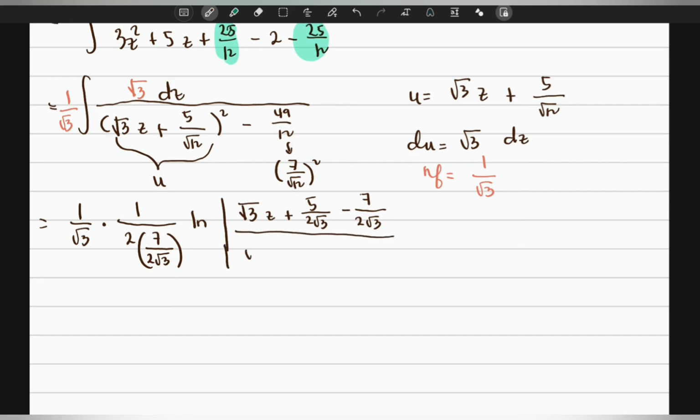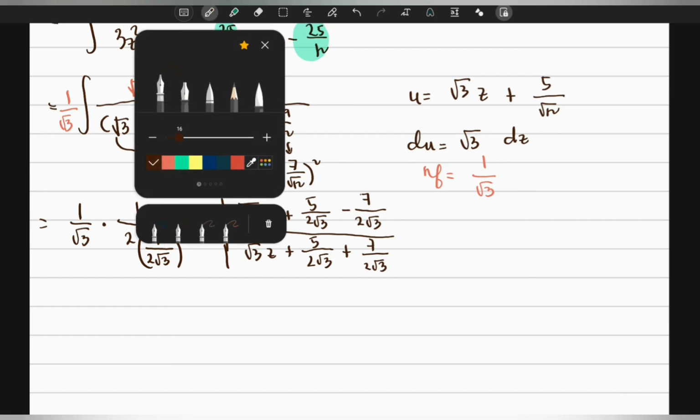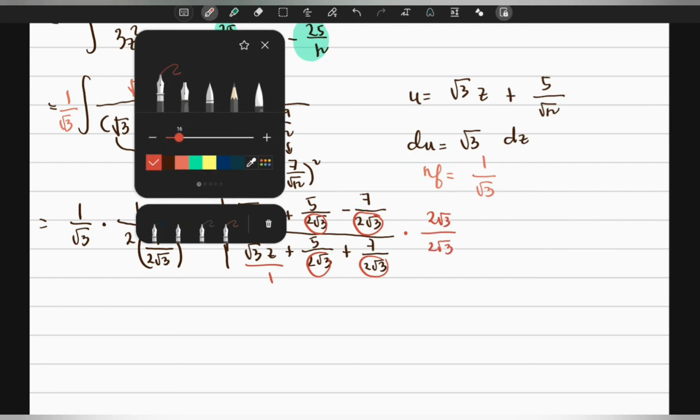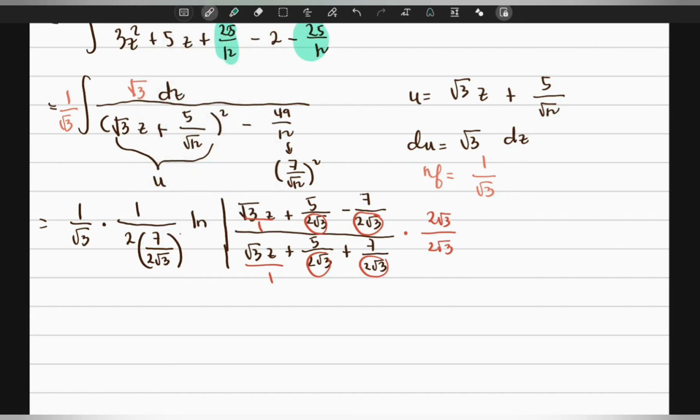Tapos sa baba, we have the same pero magkaiba ng sign. So plus 7 over 2 square root of 3. Okay. So mag-multiply tayo guys ng 2 square root of 3, kasi yun yung LCD. Tapos ito over 1, ito ay over 1. So multiply tayo ng 2 square root of 3 na i-multiply natin sa lahat ng terms na nasa loob. So, ito mag-cancel. Pati ito.